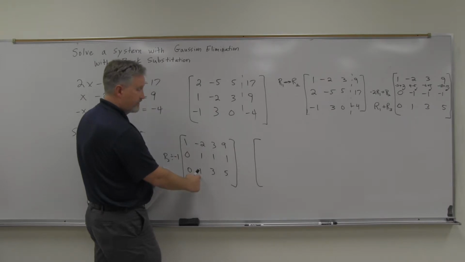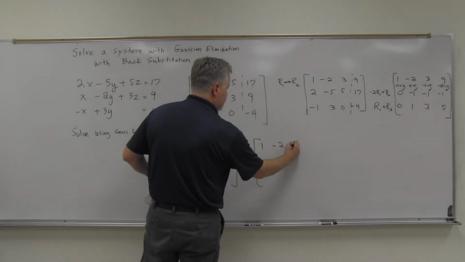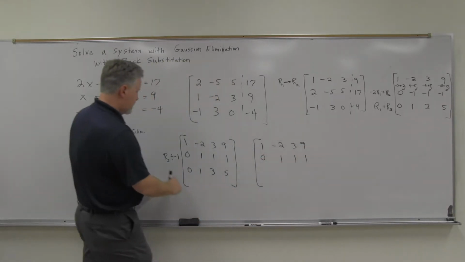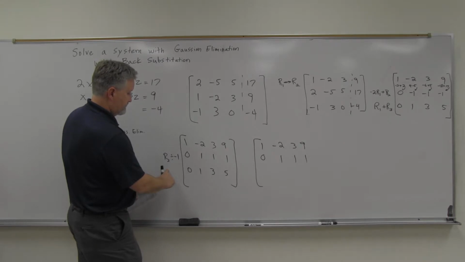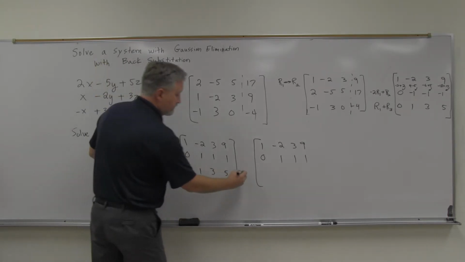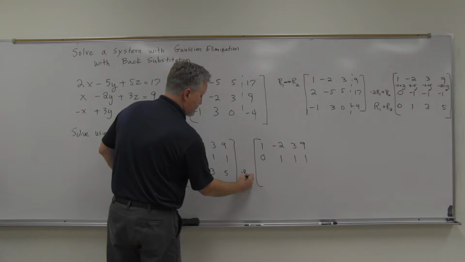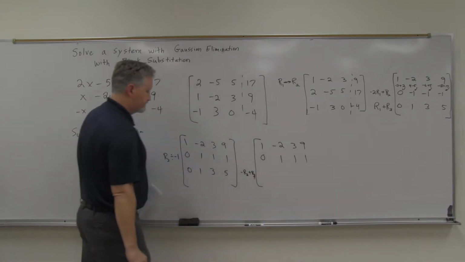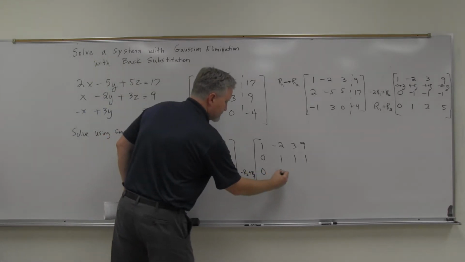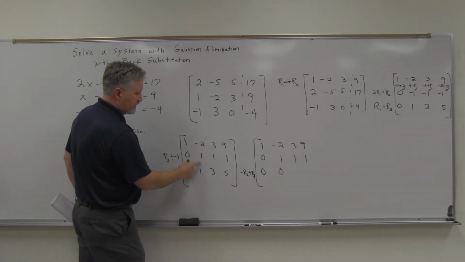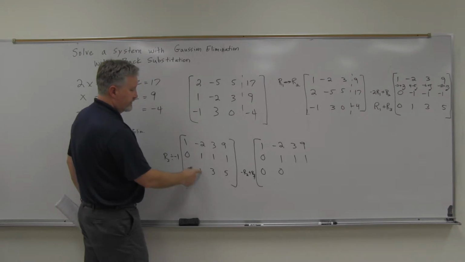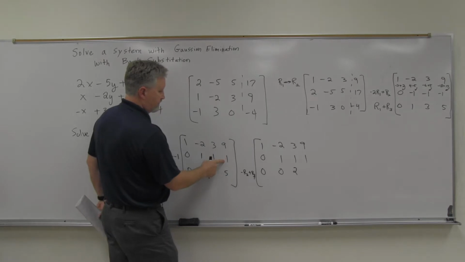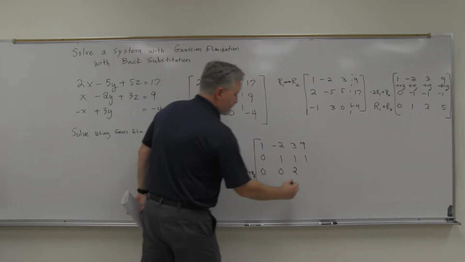So take row 2 times -1, so -1 times row 2 plus your row 3, sorry. That'll give me my 0 here, because that'd be -1 plus 1. -1 plus 3, the next one would be 2, and then -1 plus row 3 would be 4.